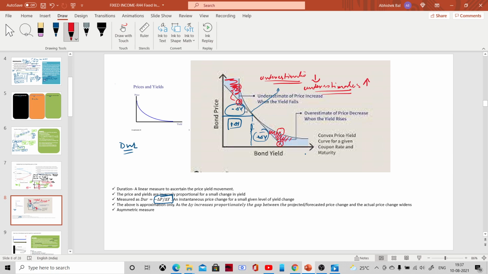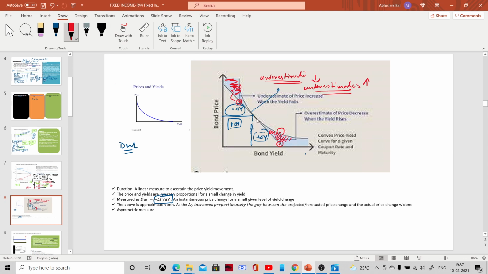What do we mean by asymmetric? It means that it systematically underestimates in both the cases, but the degree of underestimation is more when the market interest rate decreases vis-a-vis when the market interest rate increases.